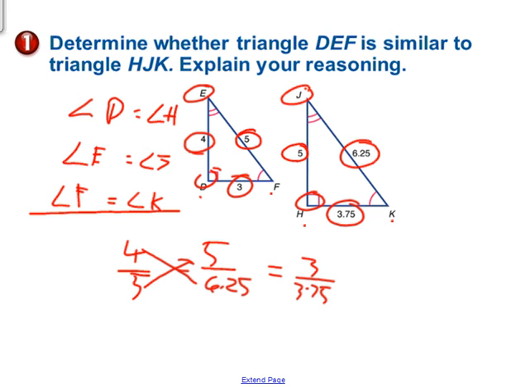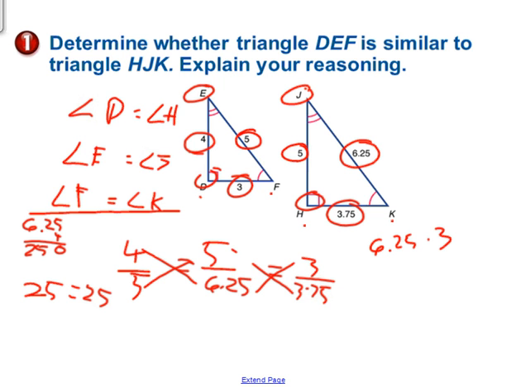So 5 times 5 is 25. 4 times 6.25 does come out to be 25. So far I'm on a roll. And I can check these to see if they come out to be the same. 6.25 times 3 would be 18.75.